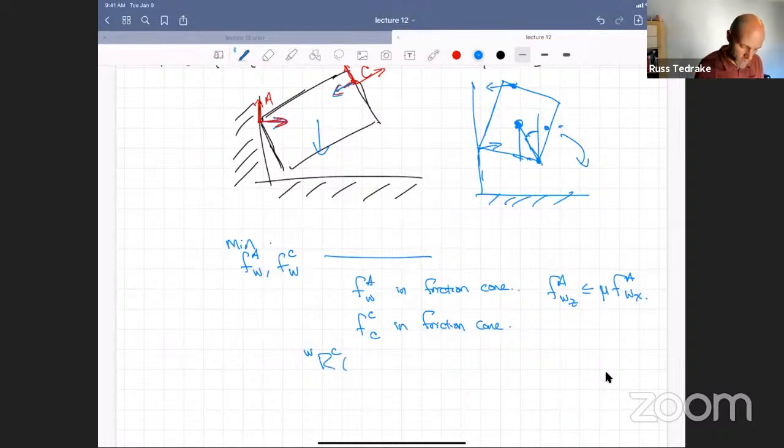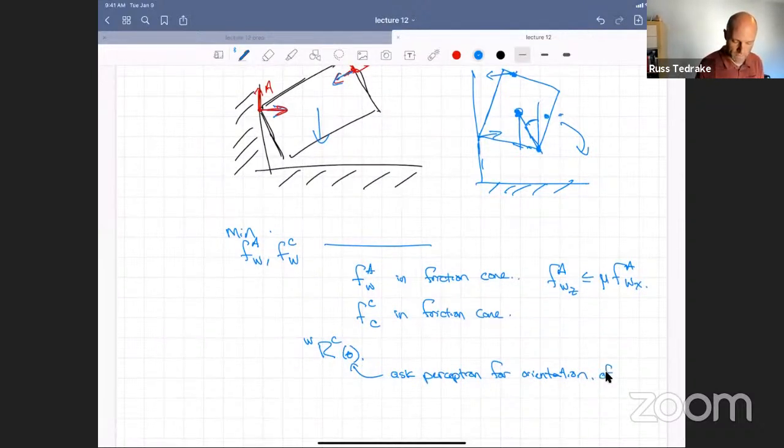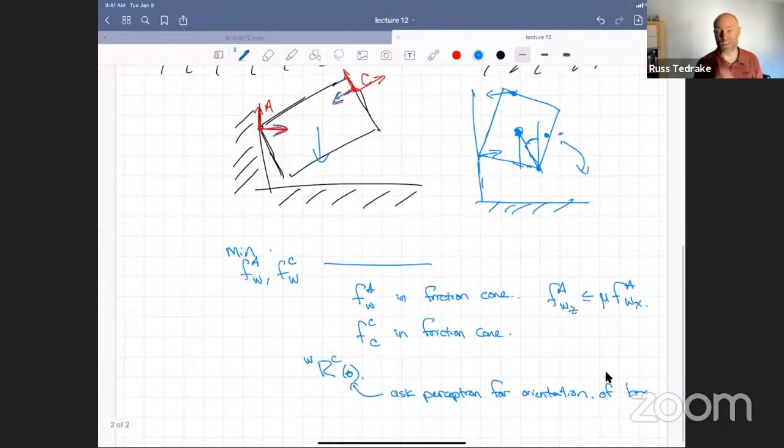That rotation matrix depends on the orientation of the box. So I am going to ask perception for the orientation of the box. And it's not going to be very sensitive to it, but we are going to ask. I think that one's kind of reasonable.